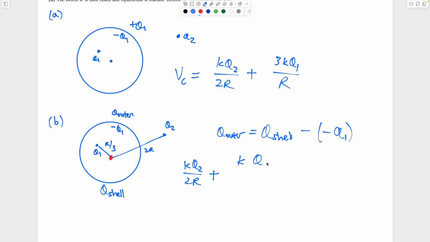So KQ shell plus Q1, over R. So this is the potential at the center, okay? V at the center.